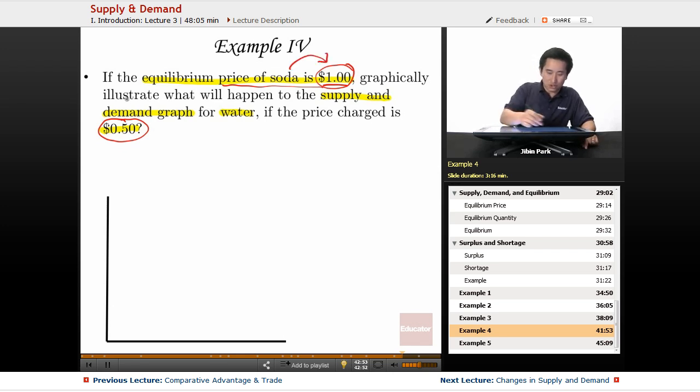So this is soda, and then this is H2O, water. So what happens if you charge 50 cents here? But again, let's assume that it's $1 here. The reason is you can do a lot of different things if you change the price here. But let's assume that the equilibrium is $1 for soda here. Q1.